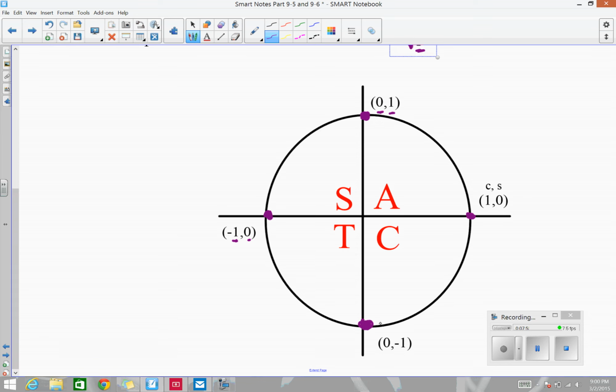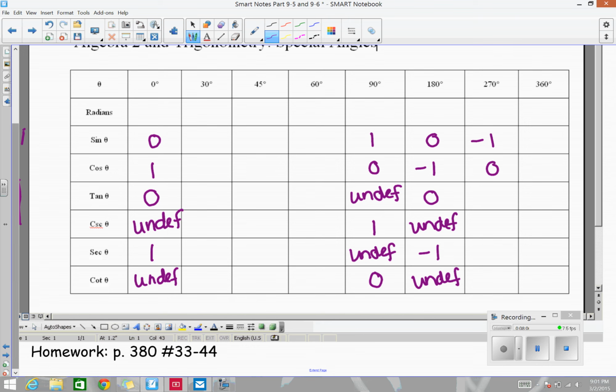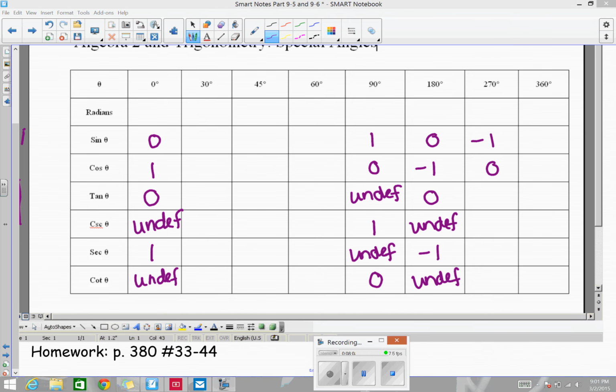Now we're down here. Sine is -1. Cosine is 0. Same idea applies. Tangent, -1 over 0, undefined.